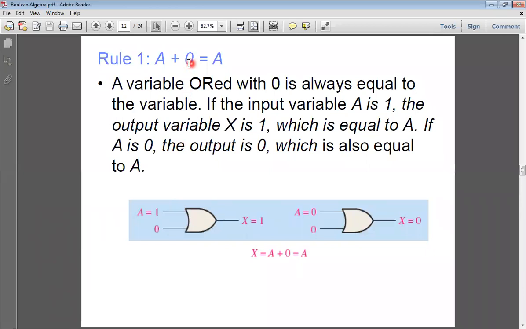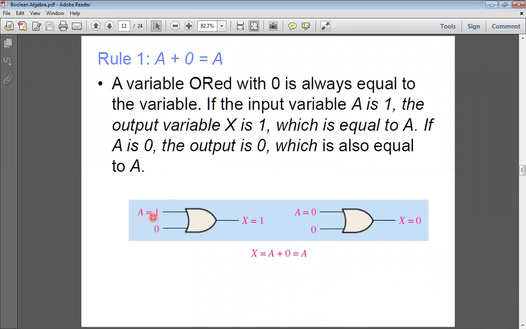The second input is 0 always. What is the first input? The first input is A. Now, just now we said how many values can be given to A. Since it is Boolean algebra, switching algebra, A can take only either 1 or 0. So these are the only two possibilities.